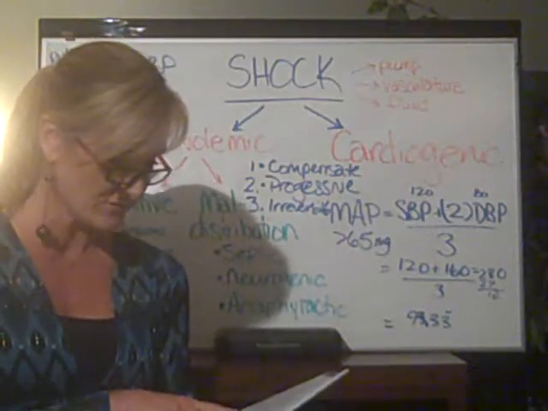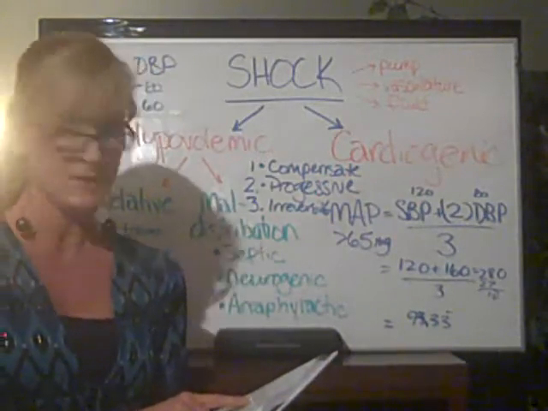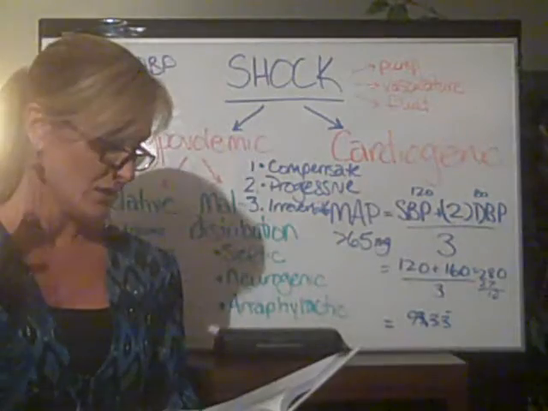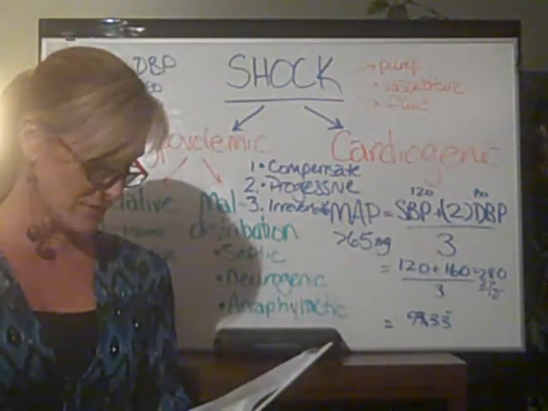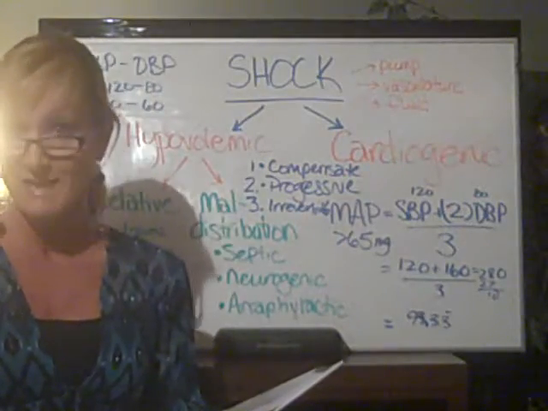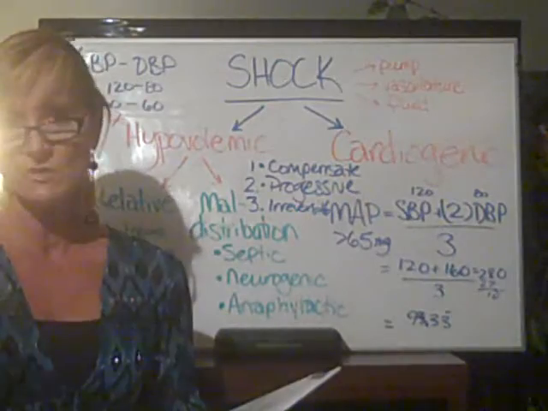Here's the problem. On page 294, about halfway down, you will see that it says a normal CVP is 4 to 12. Well, you may recall, when we did hemodynamics over on page 687 in your same textbook, it says that normal CVP is 2 to 6.